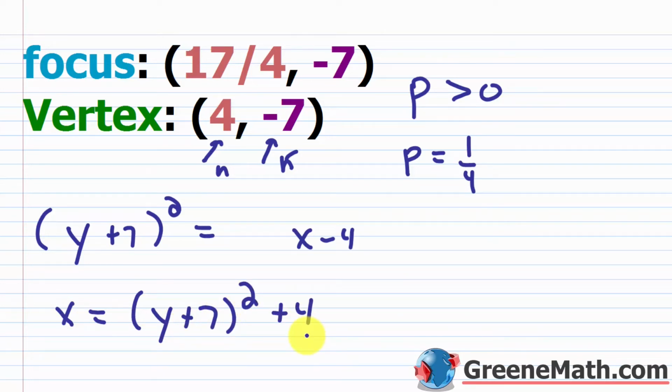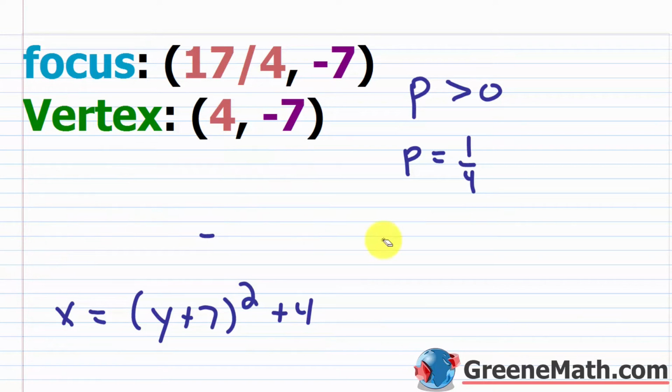Now your directrix, let me erase this. Your directrix, how do we find that? Again, we know that this guy is now going to be a vertical line. So x equals something because it opens horizontally, opens to the right, okay? So we know that the distance between this and this is the same as the distance between the vertex and the directrix. Again, this was the distance of 1/4. We went to the right.